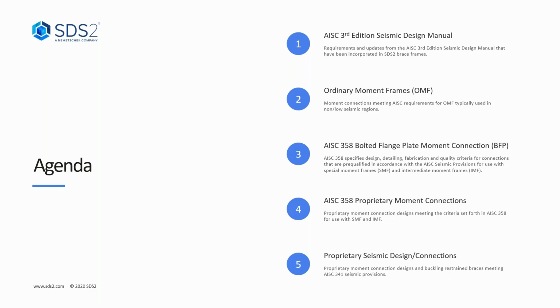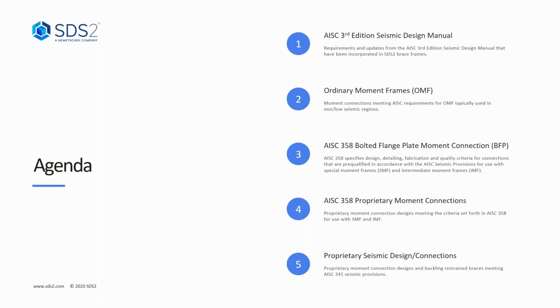We'll briefly look at the proprietary moment connections that are in SDS2 as well as in that AISC 358. Those are all going to be custom plug-ins. Since those are not connections that we design, those are proprietary designs, we require a plug-in for those. Those plug-ins really help with the coordination between you as the detailer or fabricator and those companies doing those proprietary designs.